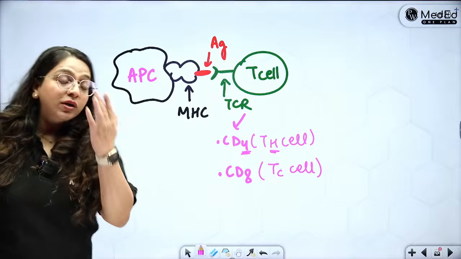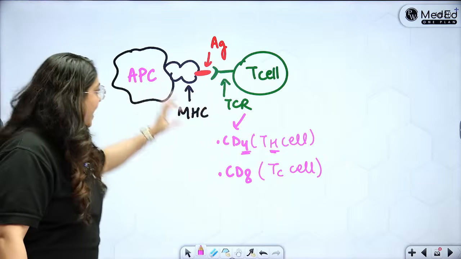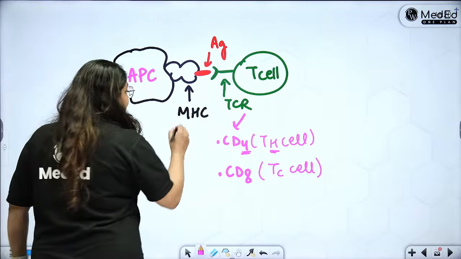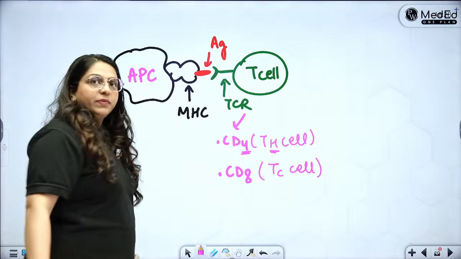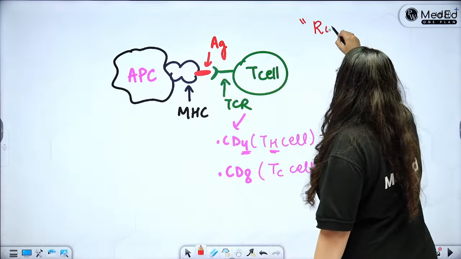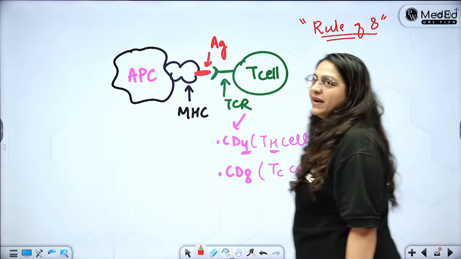And you know that always a T cell for activation needs an antigen presenting cell to present the antigen. This MHC molecule is of 2 types and you all remember the rule of 8. What does the rule of 8 tell me?